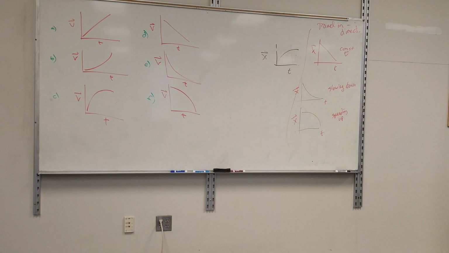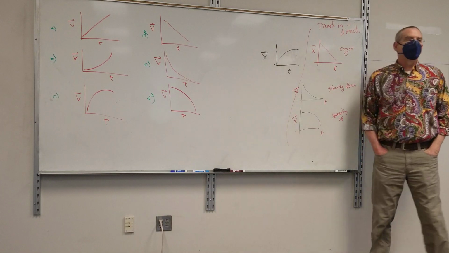In which of these cases is the object traveling in the negative direction? C and F. Why? Because it's pulling down in the negative direction.